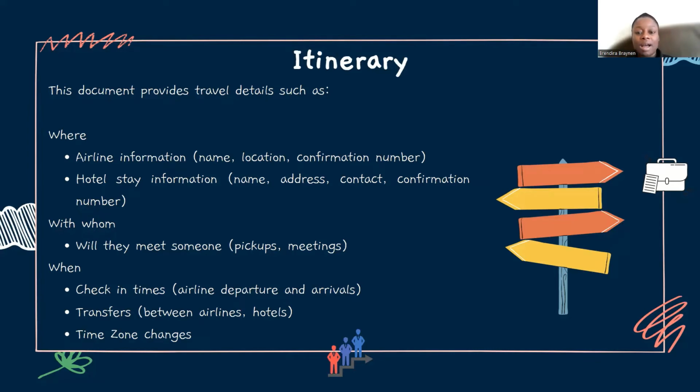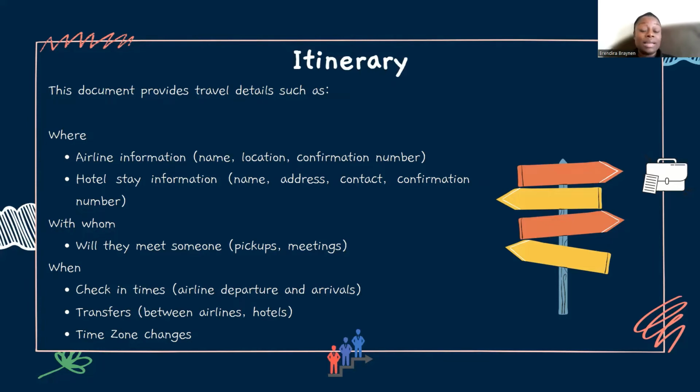And so as you're traveling across time zones, you're going to have to adjust to the time in the country that you're going to. And so a traveler needs to know that, because by the time you come off of the plane or you come off of the boat, you may have your watch saying a certain thing, but your meeting is scheduled for a time in that time zone.